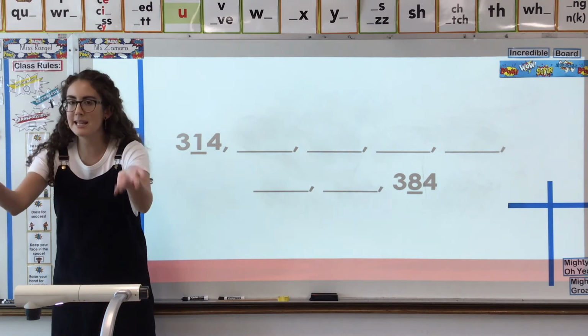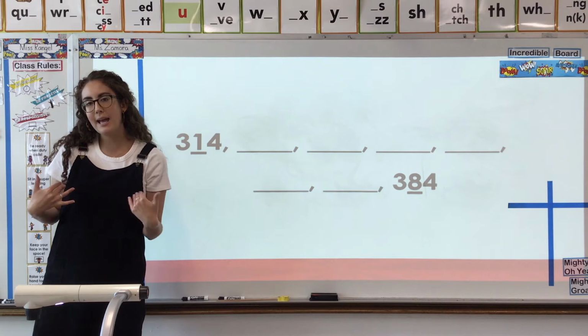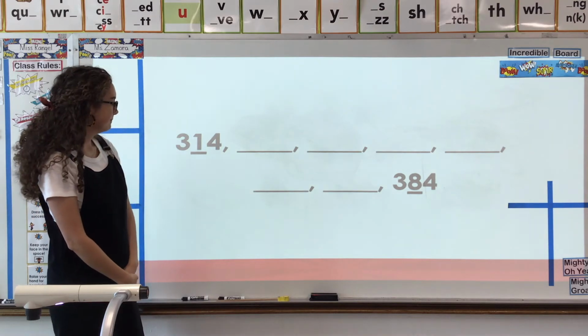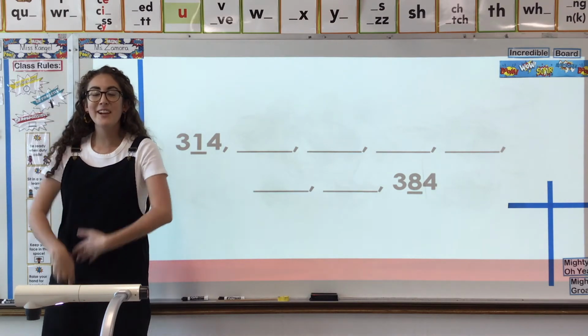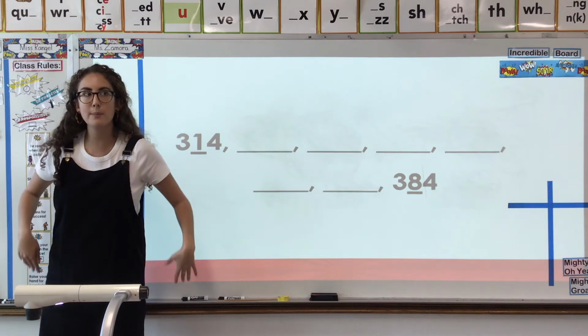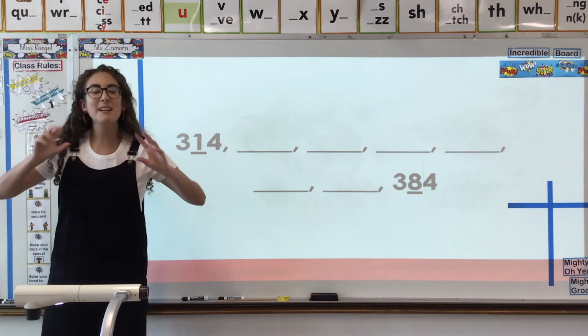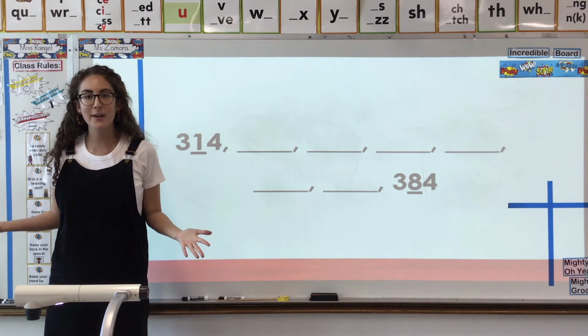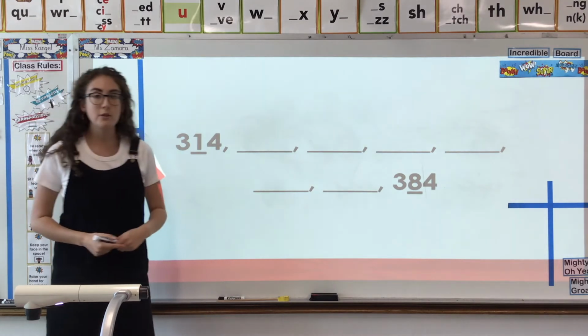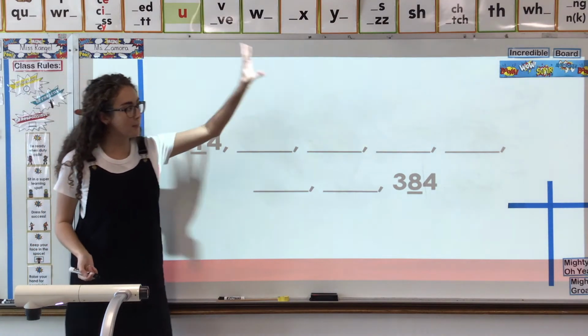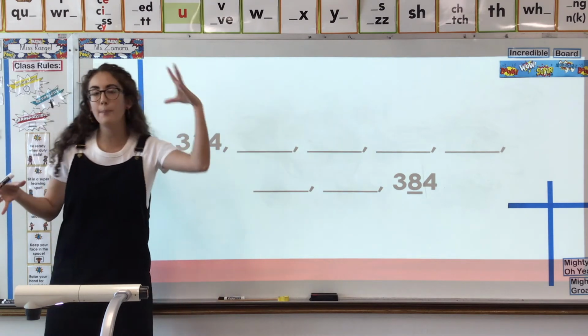Are we adding a 10 or taking away a 10? We're adding a 10 each time. We are skip counting up, up, up, and our number is growing. It's getting bigger. Okay, have you written these two numbers at the ends of your board so we know where to stop and finish?